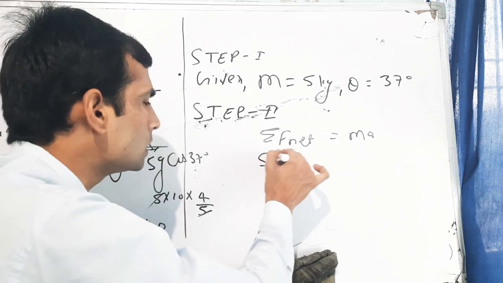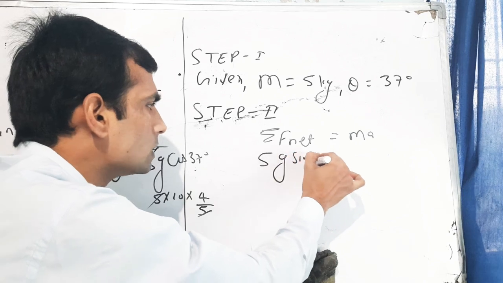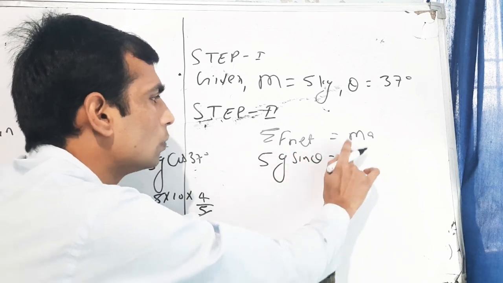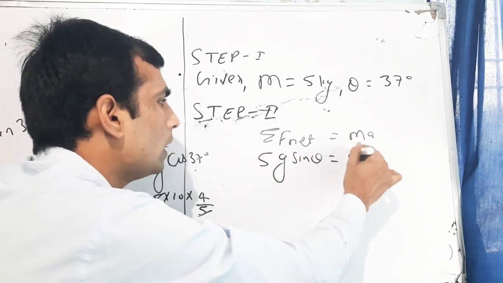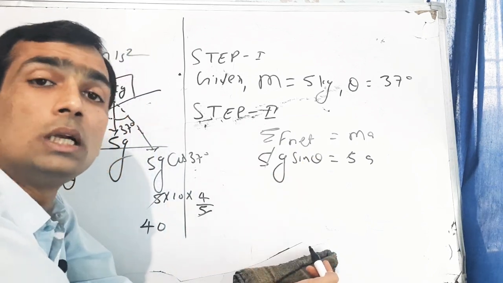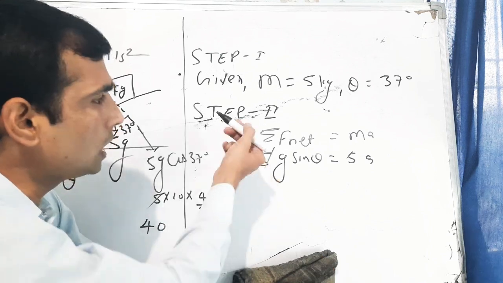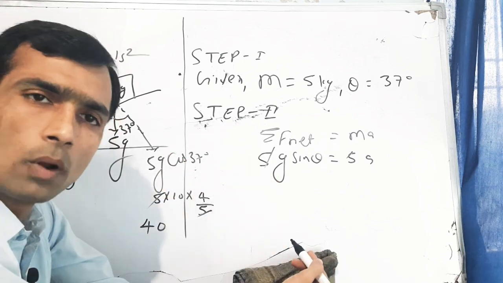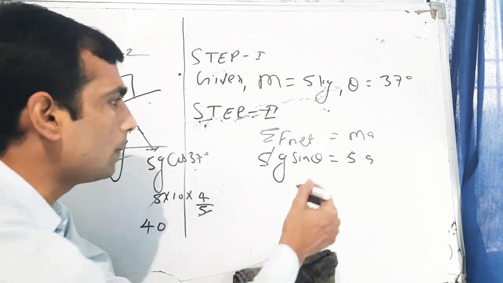So we can say 5g sin theta equals 5a. 5 gets cancelled. As I told you earlier, student, you can use the result a equals g sin theta, or you can use the approach by the FBD method.